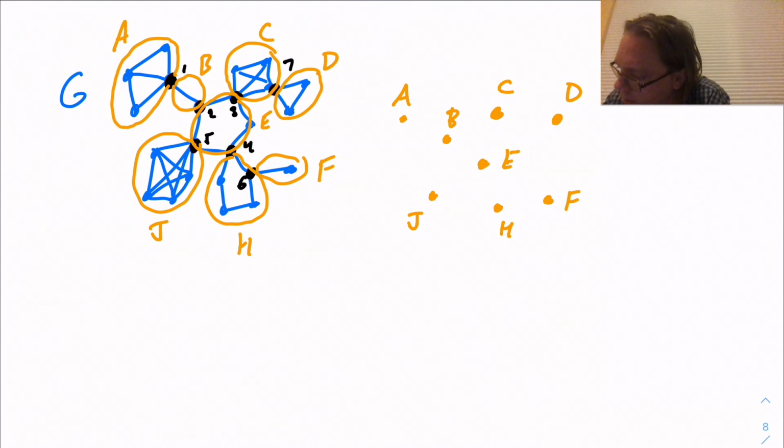We also have the vertex 7 over here, and I've got the vertex 6, the vertex 4, and there's the vertex 5.